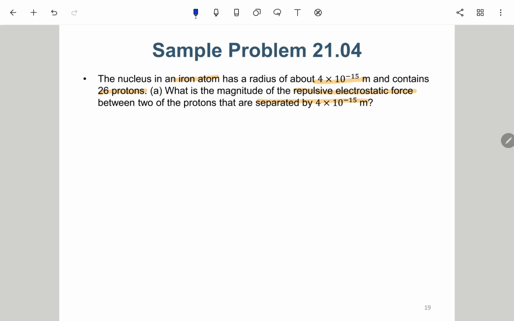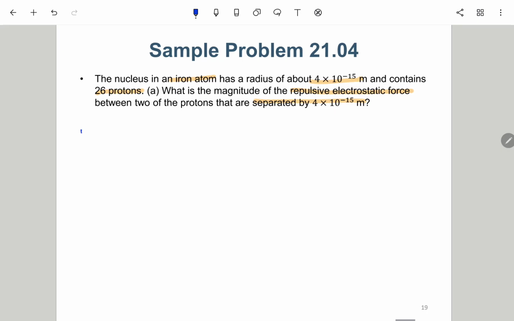But here the case is the nucleus of an iron atom. We consider two protons inside the nucleus. Both of them are positive charge, positive E, so they should be repelling each other. So this is the repulsive electrostatic force mentioned here.